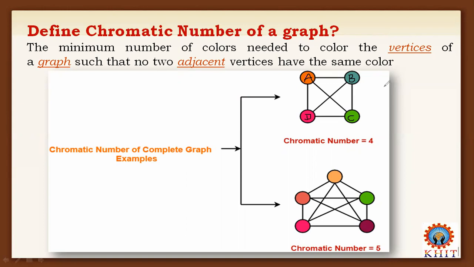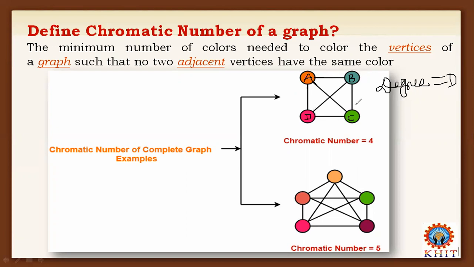So here, what is the degree of the given graph? Now let me calculate the degree of the given graph, D. If you consider vertex A, how many edges are there? There are three edges, one, two, three. If I consider vertex D, the number of edges are one, two, three.